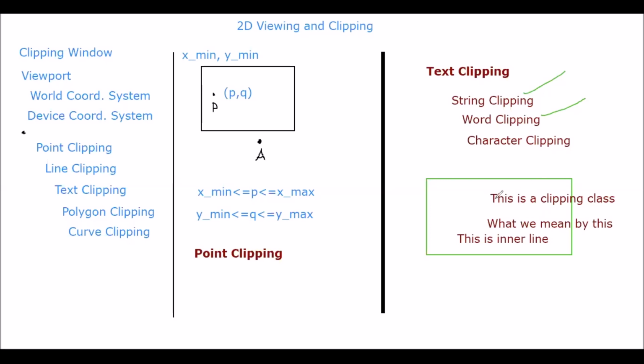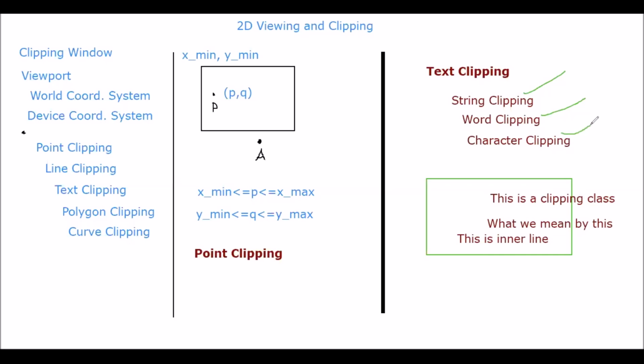But in this is a clipping class, this word clipping is neither inside nor outside. It is intersecting with the boundary. So in this case, you will have to clip out the complete word. What will be available in the clipping window is only this A. So the word clipping will be clipped out.